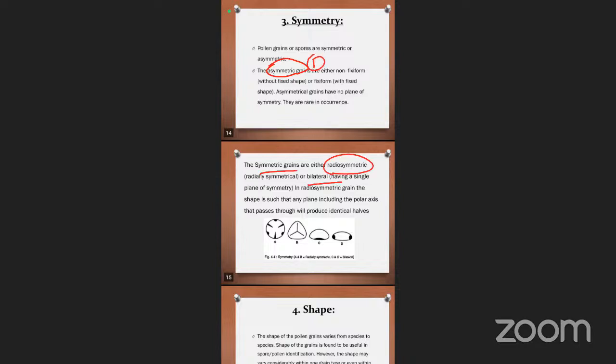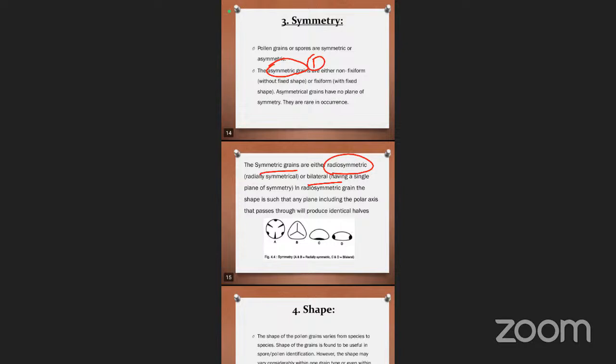In asymmetric, there is no proper shape. The pollen grain does not have a proper shape, meaning we cannot cut any plane to give equal parts. That is called asymmetric. In radial symmetry, as the name itself says, if you cut in any plane, it gives two equal parts.